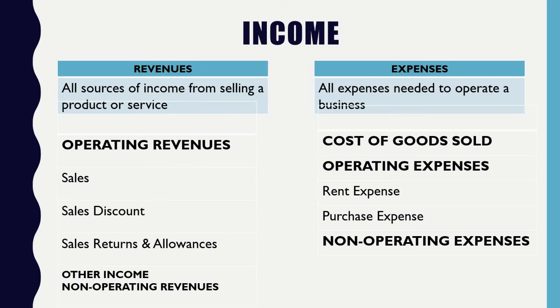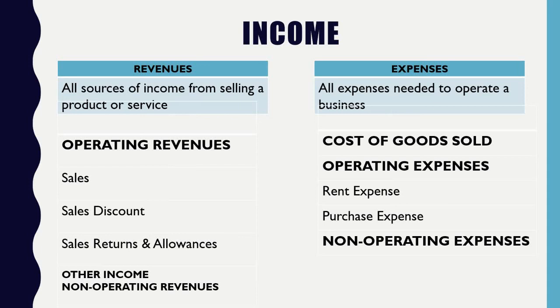Another category that belongs under revenues is either other income, also known as non-operating revenues. So you have other income, or also known as non-operating income, words that you can use interchangeably.